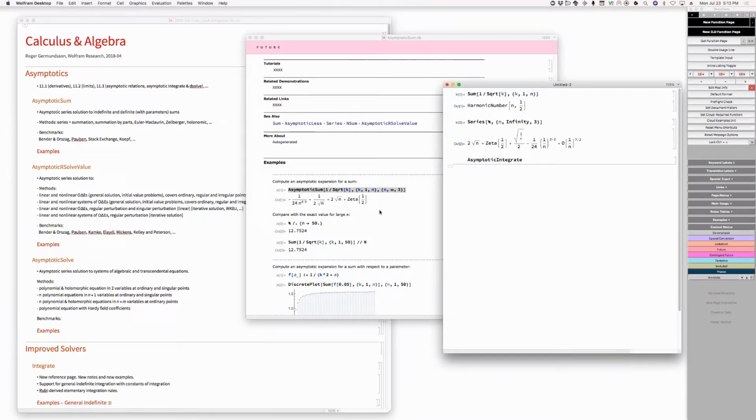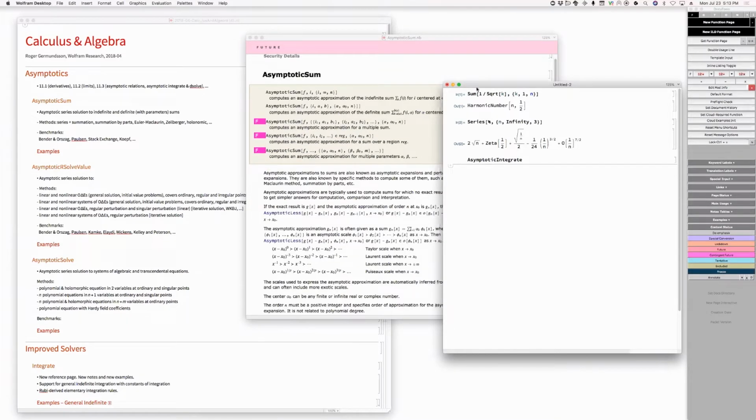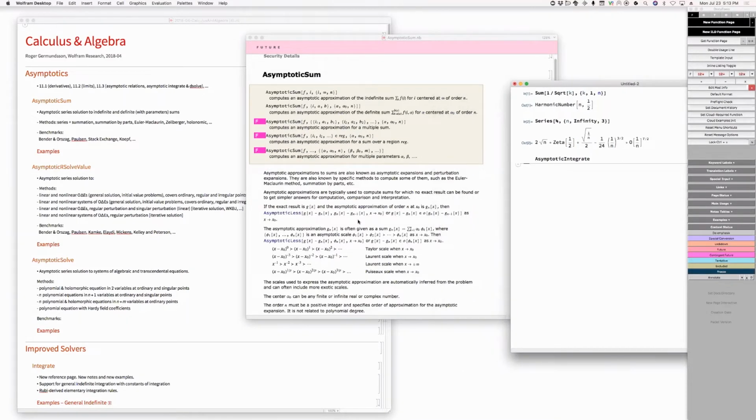Okay. But so what's the difference between series of sum and asymptotic sum? It is a whole variety of methods. First of all, series of sum doesn't do anything. It did something just fine here. No. Well, the sum evaluated. Oh, I see.